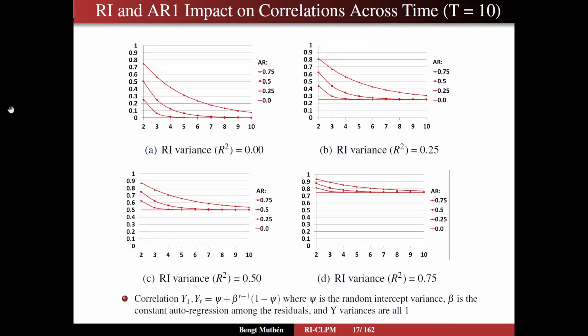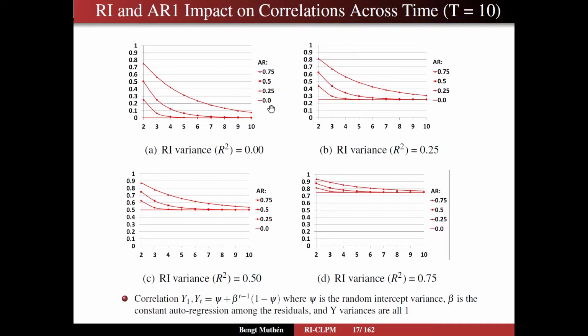So we're going to see how the random intercept and the other regressive coefficient impact the correlations. So what we're looking at here on the x-axis is time points 2 to 10, and we're looking at the value of the correlation between time point 1 and time point 2, time point 1 and time point 3, up to time point 1 and time point 10.